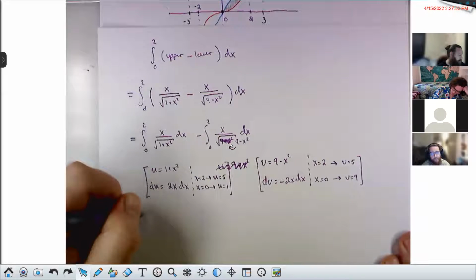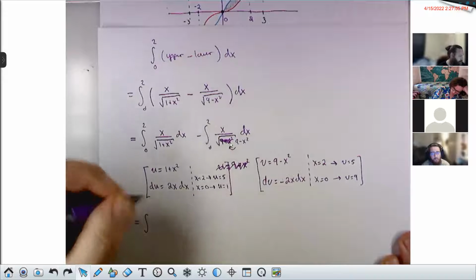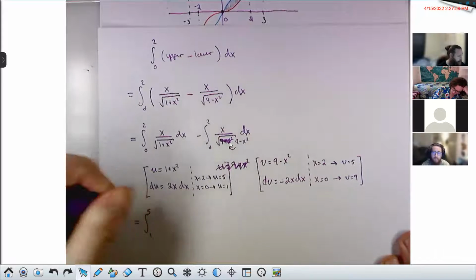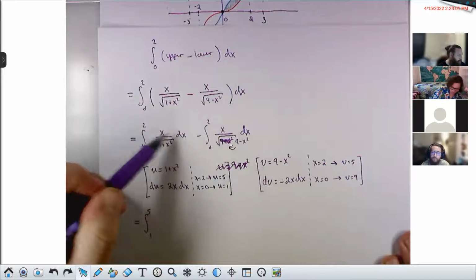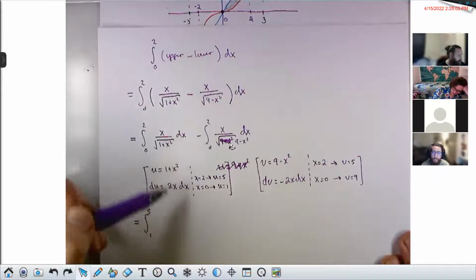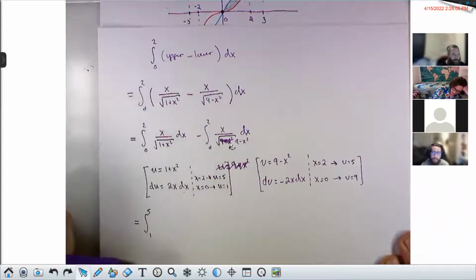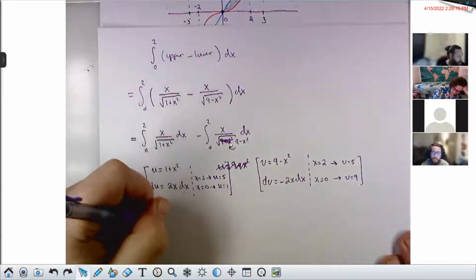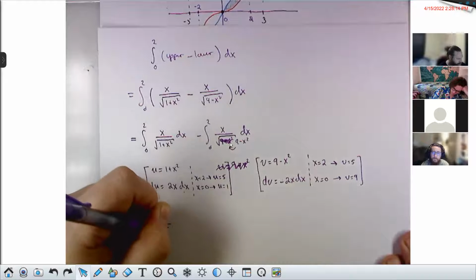And that means that this is going to be the integral from 1 to 5. I have an x dx here. So let me fill in the pieces that we see right away. Downstairs, I'm going to just have the square root of u.